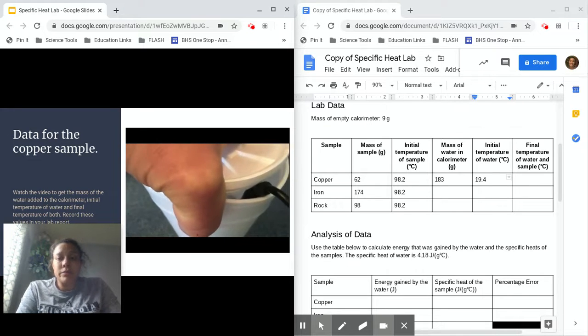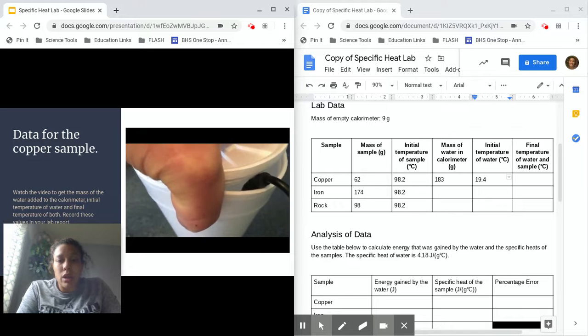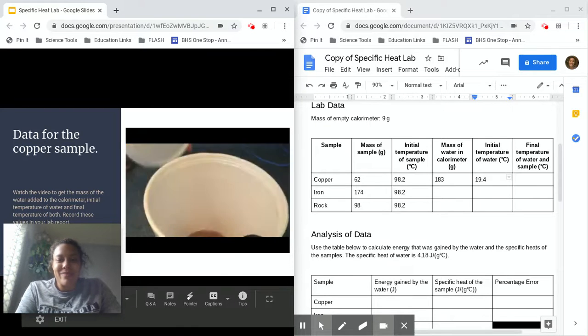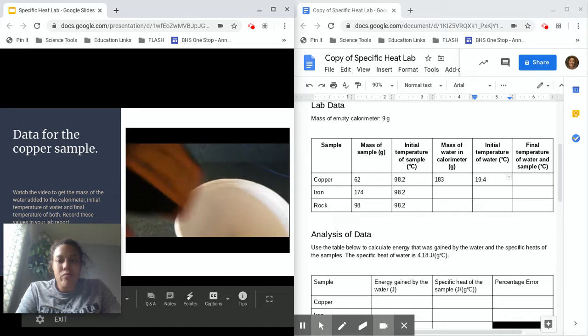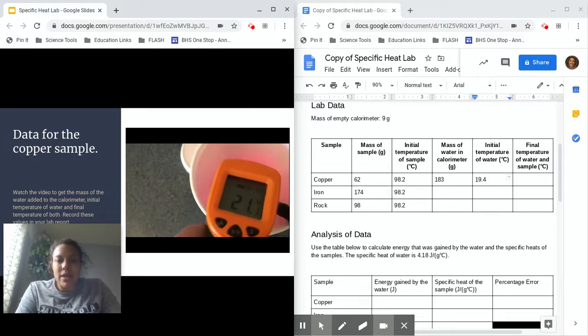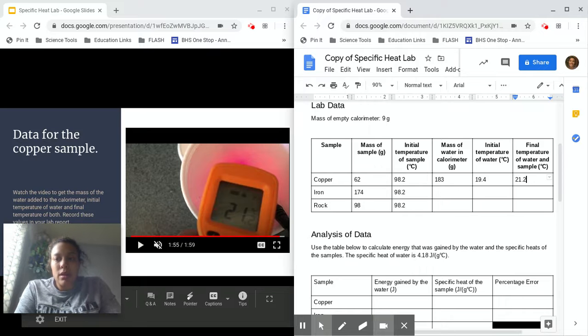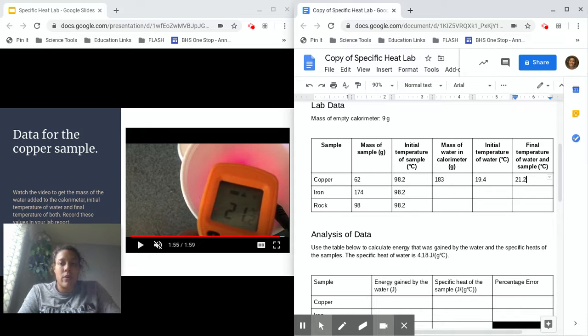But here we go. This thing should load any second now. He's going to take the laser thermometer, and as close as we can possibly get to that, 21.2 is going to be my final temperature reading for the water and the copper sample.